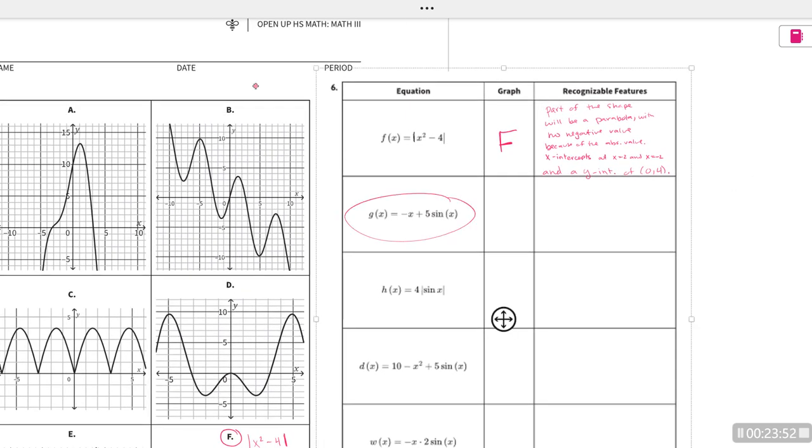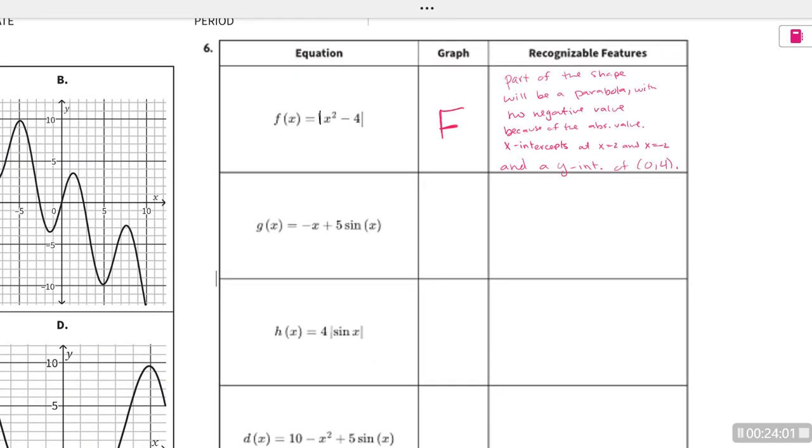So let's look for our next equation, negative x plus 5 sine of x. So this is definitely going to have some periodic characteristics, but let's focus on this. So remember, sine graphs have a midline.